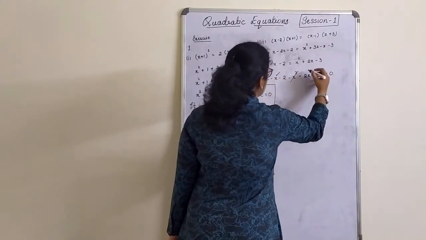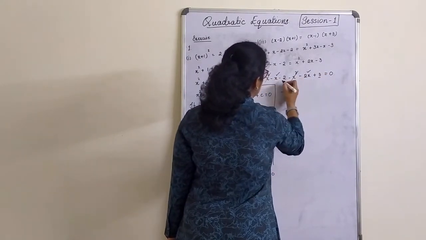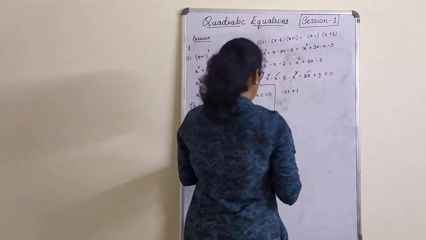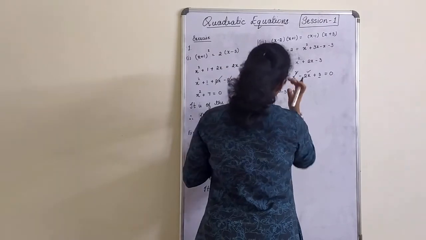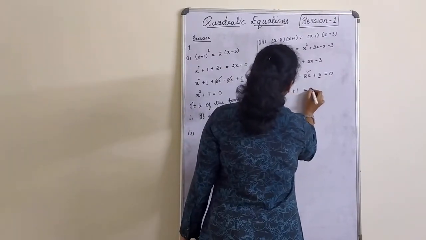Check with minus x minus 2x, minus 3x plus 3 minus 2, it is minus 3x plus 1 is equal to 0.